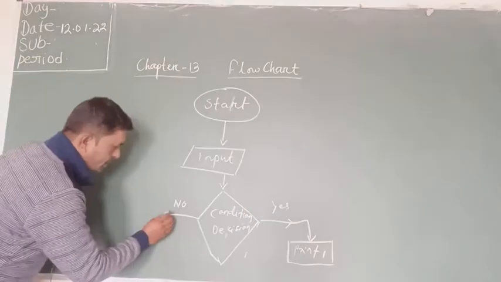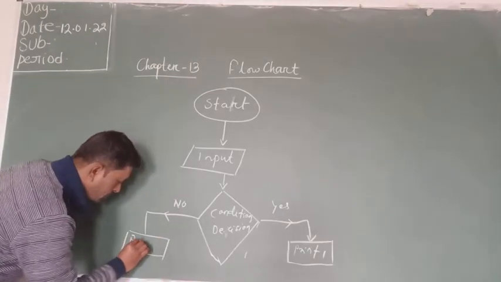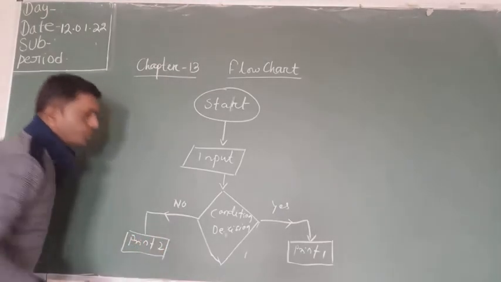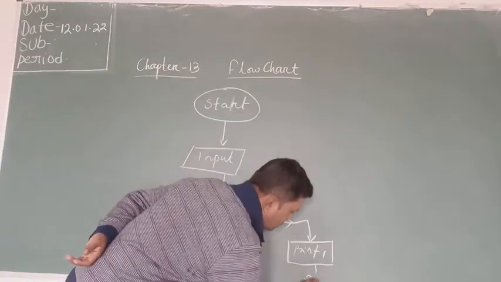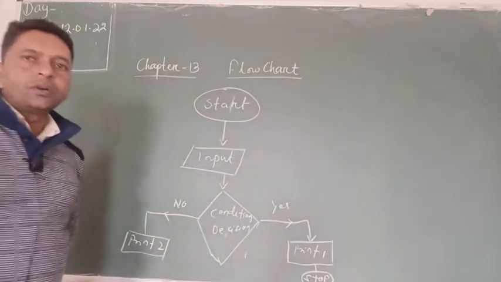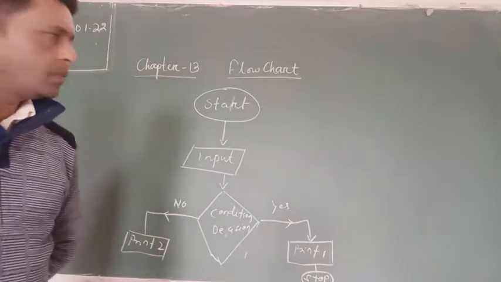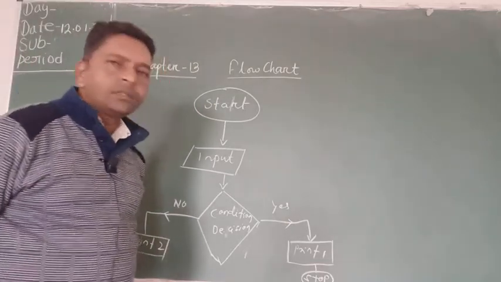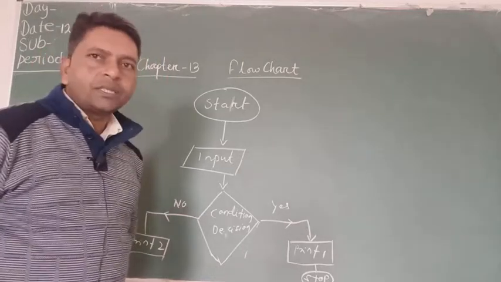One type of print is here, and another print is here, print 2, and after that we stop. So stop is with the oval shape. Okay, so this is the pictorial diagram by which we can represent a job.